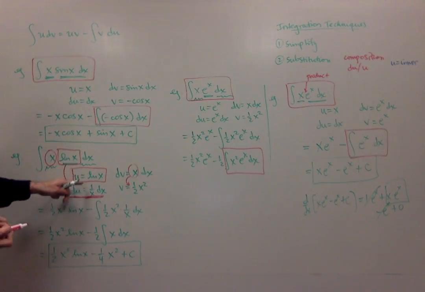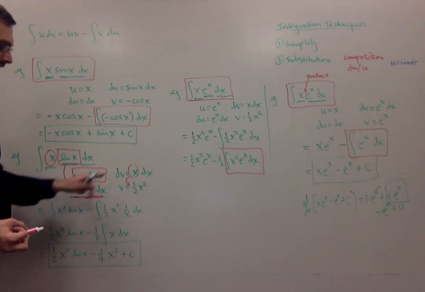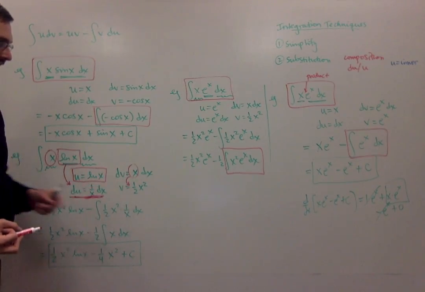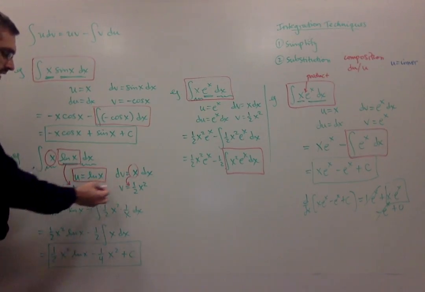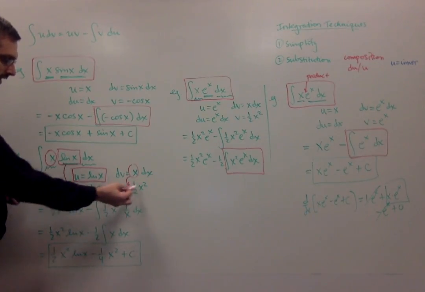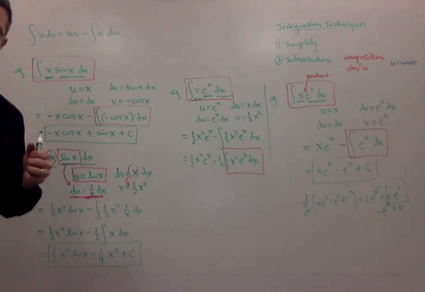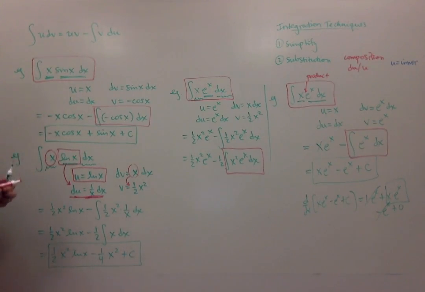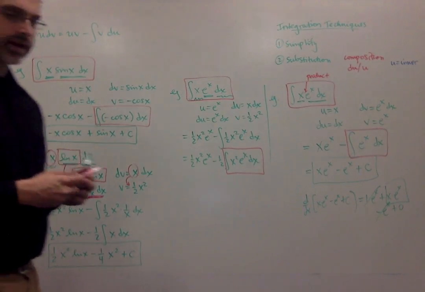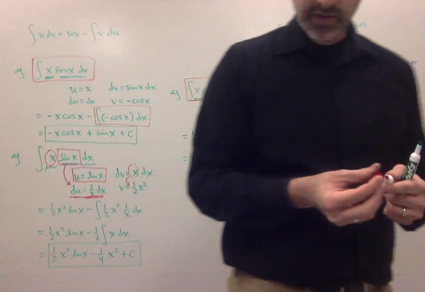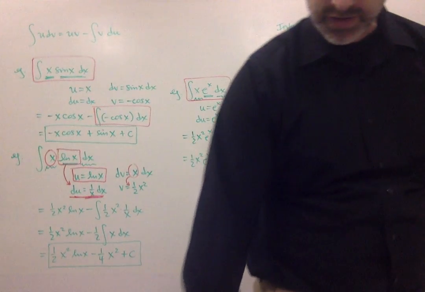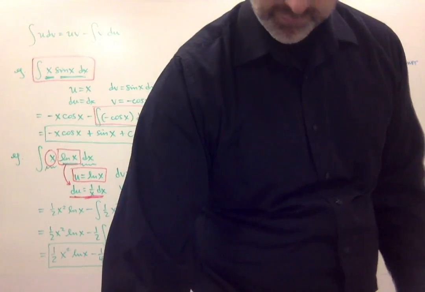So we differentiated natural log and we got 1 over x, but we had to integrate x to get 1/2 x squared. So if working with this combination is better than working with this combination, great. You're picking the right direction. Flipping it around the other way, if that's worse, then you're probably going the wrong direction. Okay.